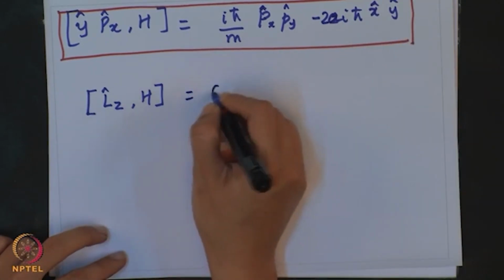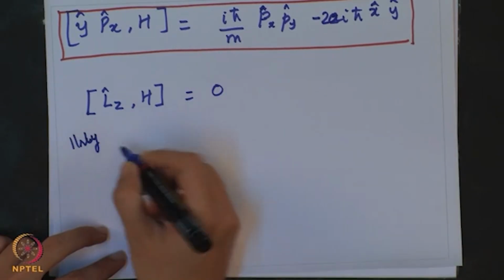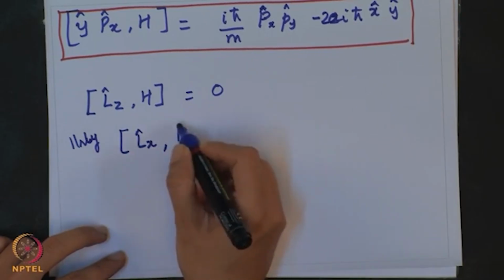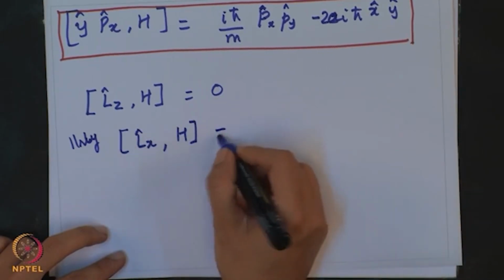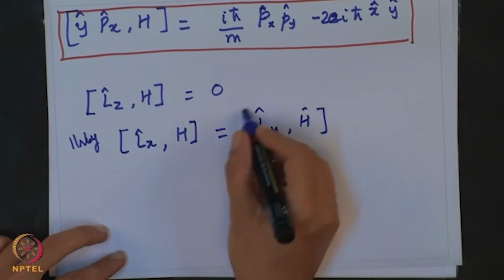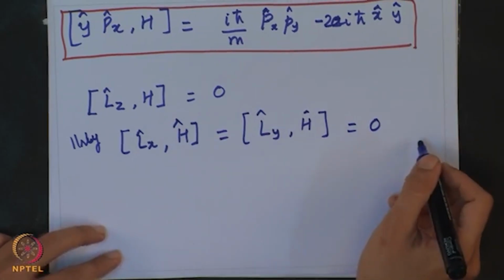So, this gives me 0. Similarly, as an exercise you can evaluate Lx with H and Ly with the Hamiltonian operator. This would give us 0.